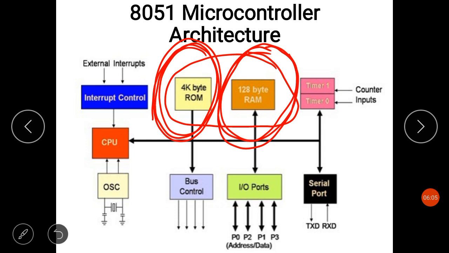So the 8051 microcontroller contains code memory, or program memory, or ROM, that is 4 kilobytes of on chip ROM, and it also comprises 128 bytes of data memory, or 128 bytes of RAM.